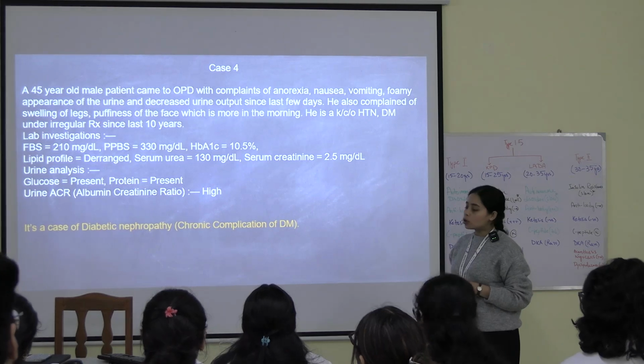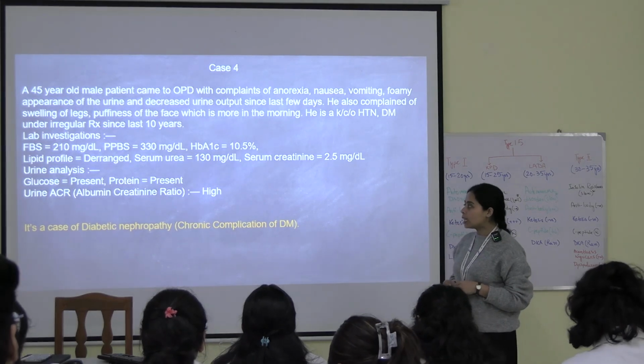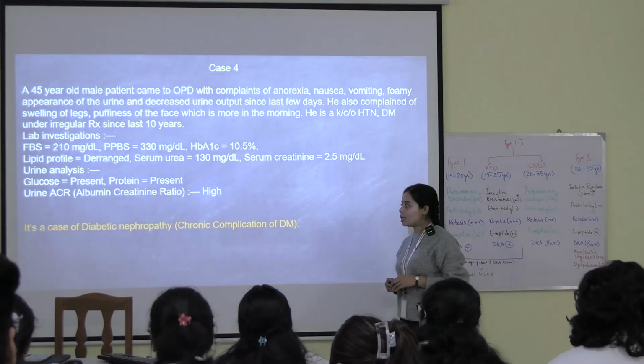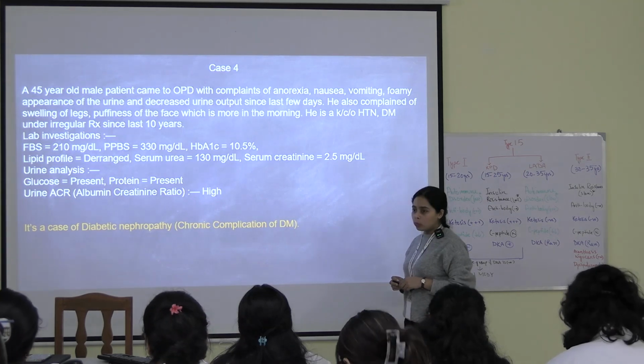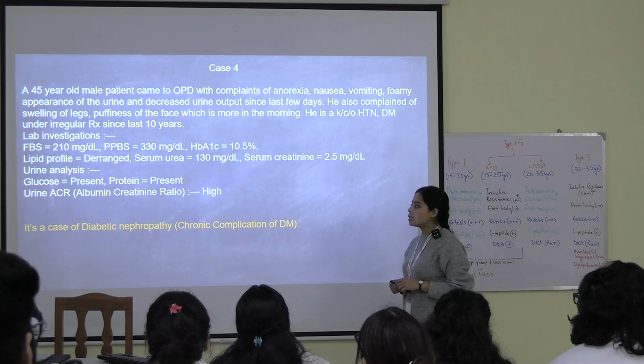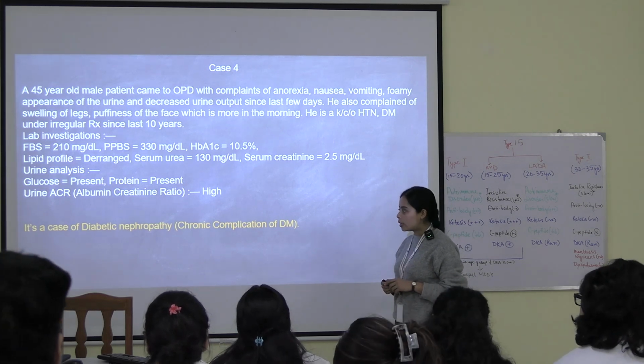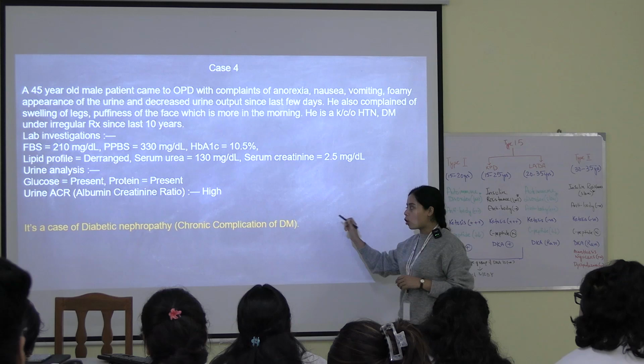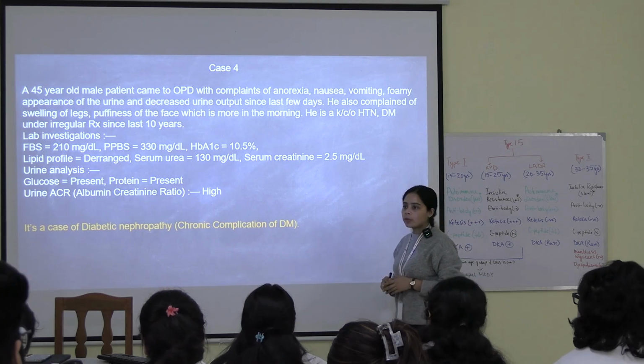Urine analysis shows glucose is present, protein is also present, and urine ACR, that is albumin creatinine ratio, is high. Now the diagnosis is diabetic nephropathy, another chronic complication of DM.